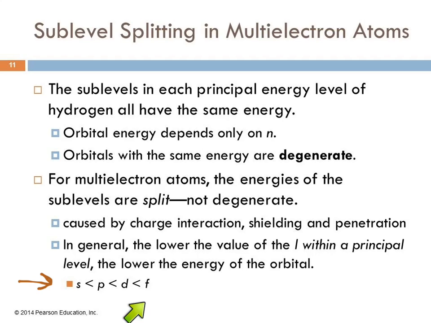So what would n be for the first level that can have an F sublevel? 4. n equals 1 only has S, n equals 2 has S and P, n equals 3 has S, P, and D, n equals 4 has F. So within n equals 4, the S is lower in energy than the P, which is lower than the D, which is lower than the F. The F has the highest energy within the principal level.